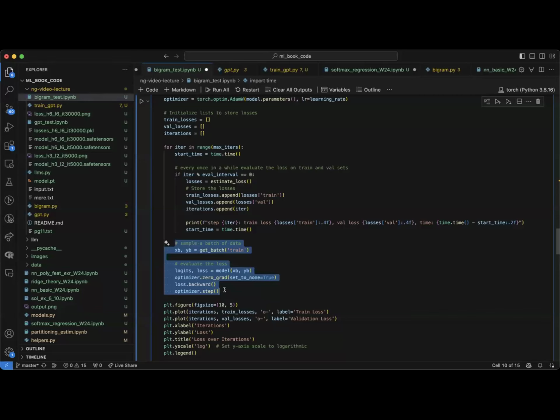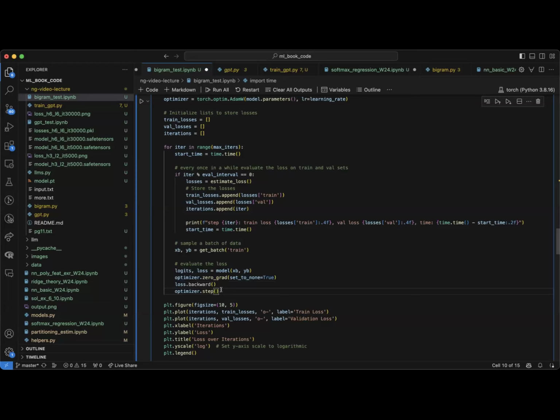It actually sets it to none, which is also fine. And then loss backward, and then a step. So this calculates the gradient of the loss all the way through all the parameters, which in this case is that token embedding table. And then one step of gradient descent.